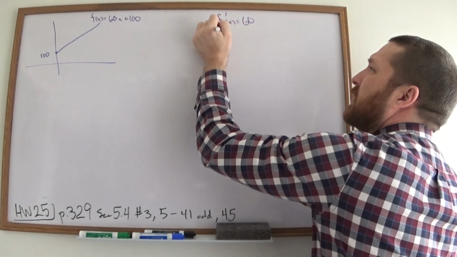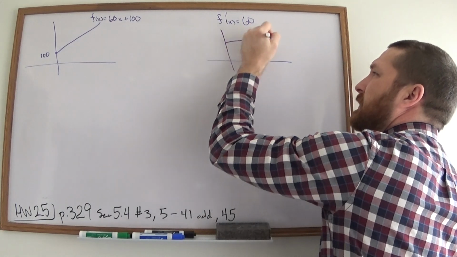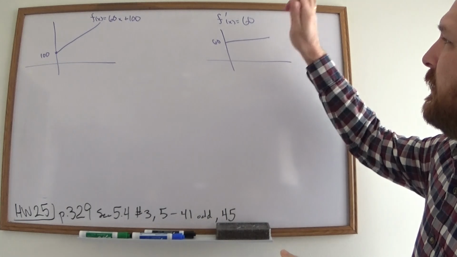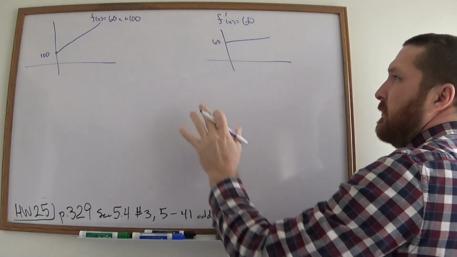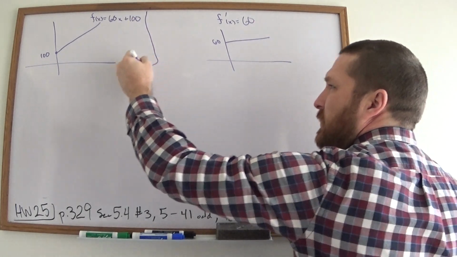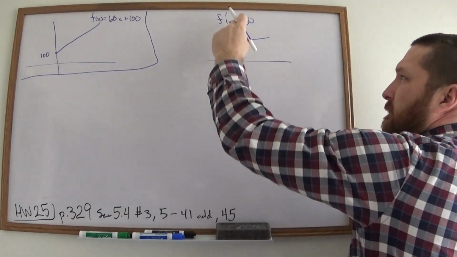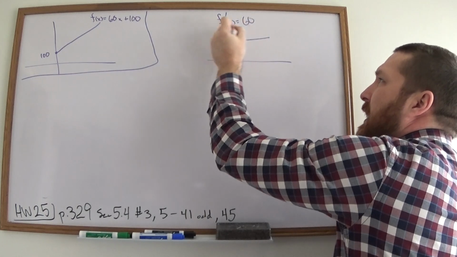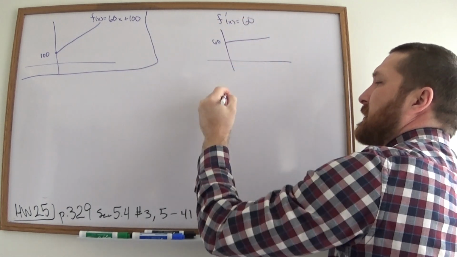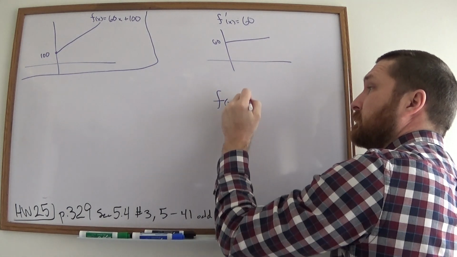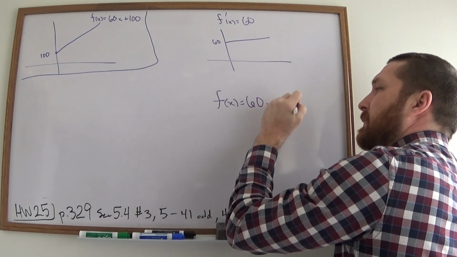Okay. So now let's play the inverse game here. Forget this, we don't know anything about this. You're given that f prime of x is 60. Therefore, we'd say that its antiderivative is what? 60x plus c. Plus some constant.